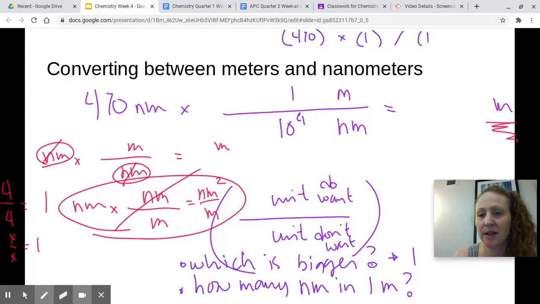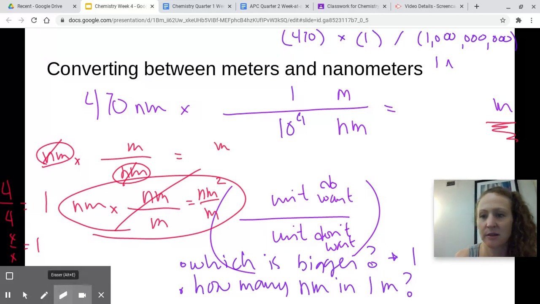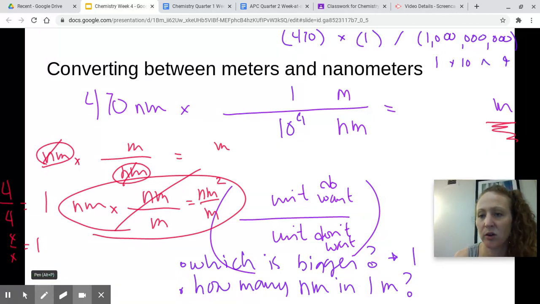You can type that in as 1 billion, or you can type that in as 1 times 10 raised to the 9, or 1e9.